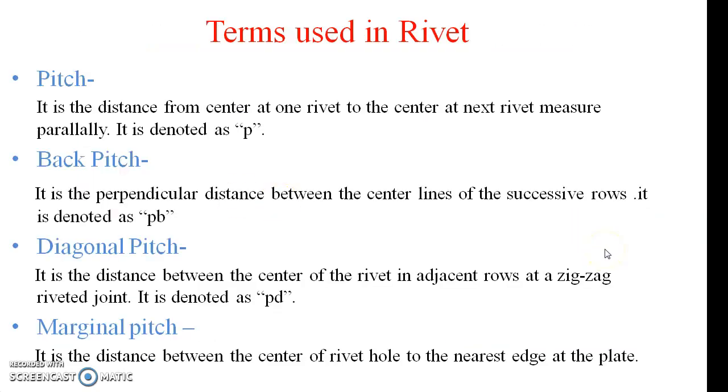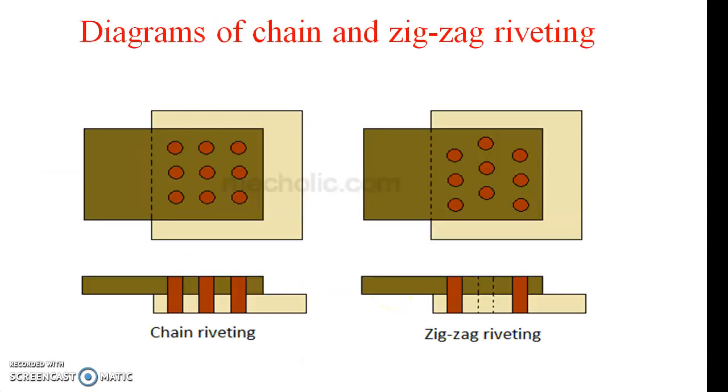So next one is diagonal pitch. It is the distance between the centers of rivets in adjacent rows at a zigzag riveted joint, and it is denoted as PD. In simple words, the diagonal pitch only occurs in zigzag riveting. See, here is the zigzag riveting, and there are three rows, but the hole center lines are not the same.